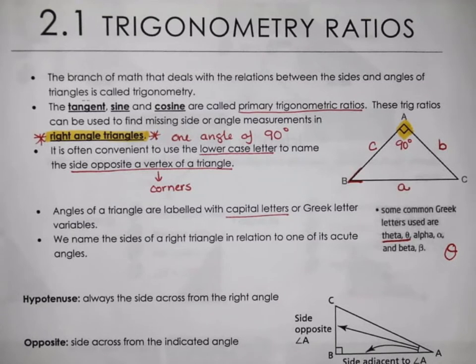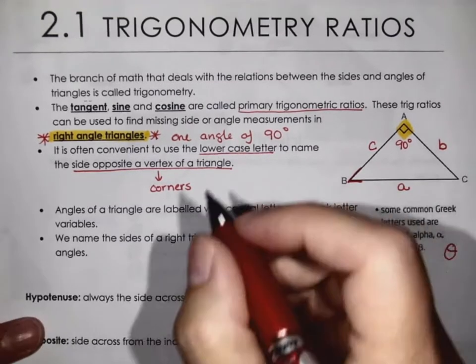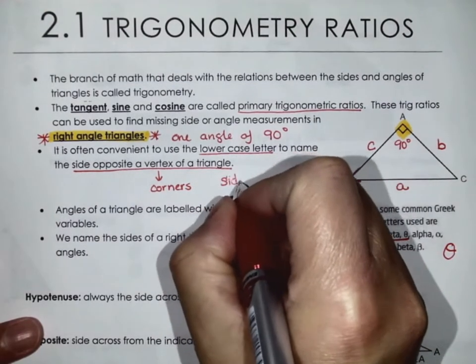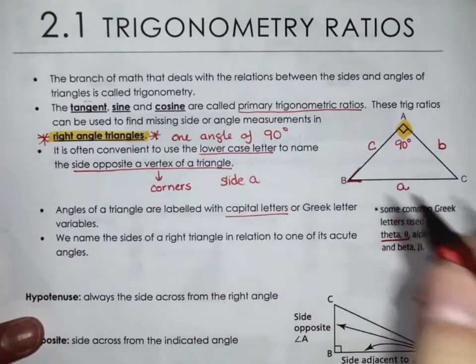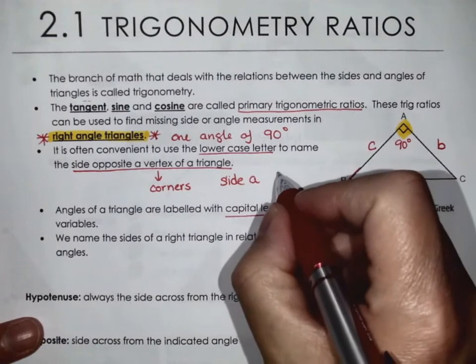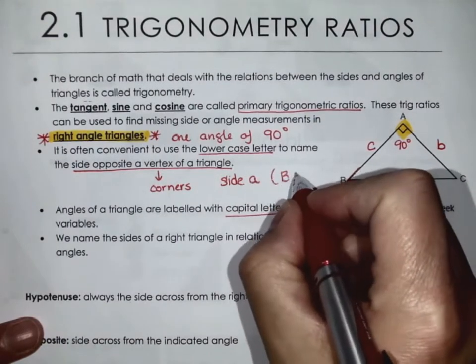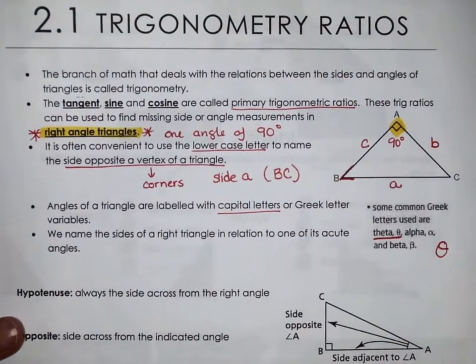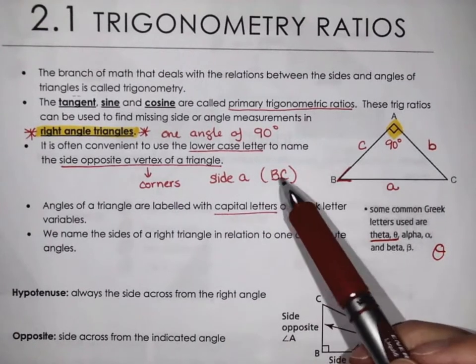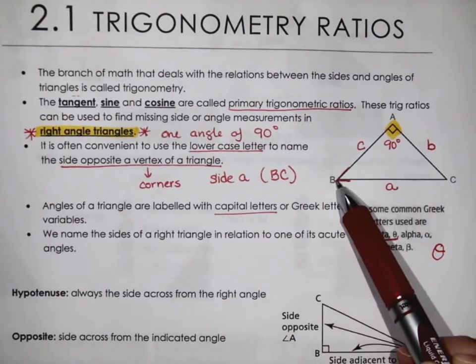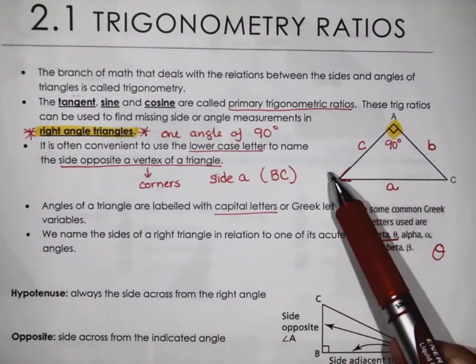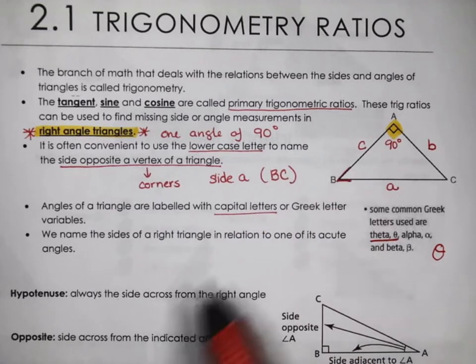I can also label my sides with two capital letters, and it makes a little bit of sense when I do it. So side A could be labeled as BC, because I'm using capital letters going from angle B to angle C. So side A could also be called BC.